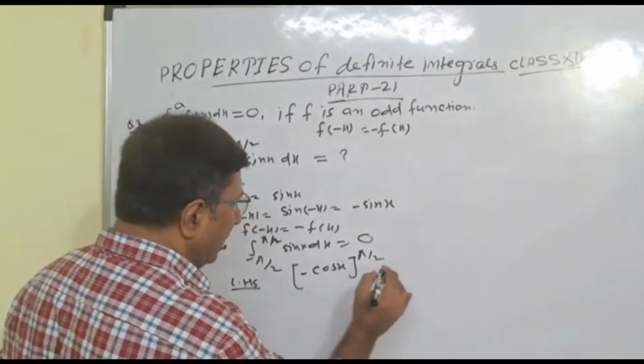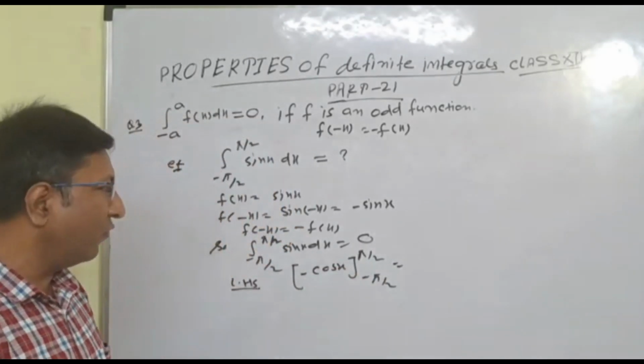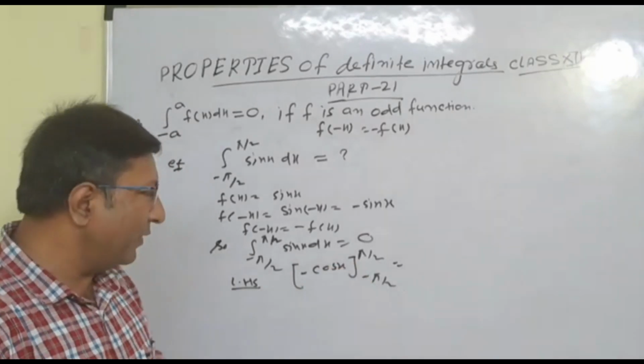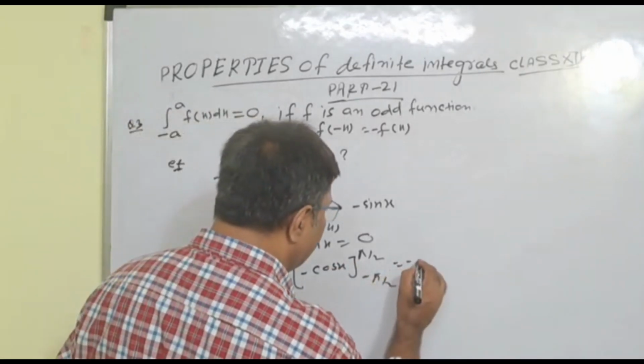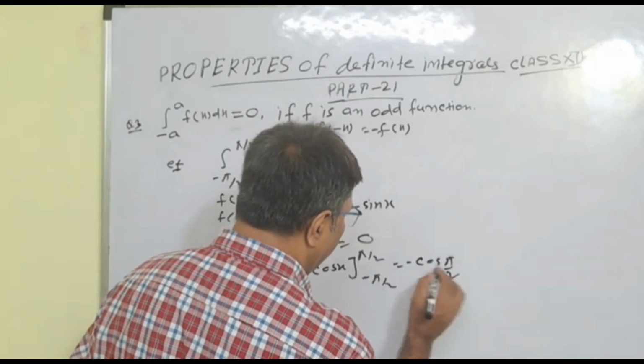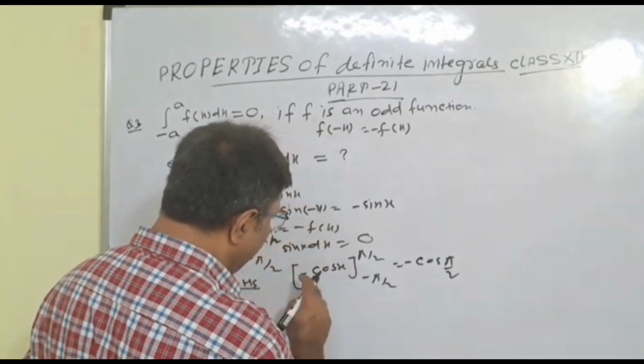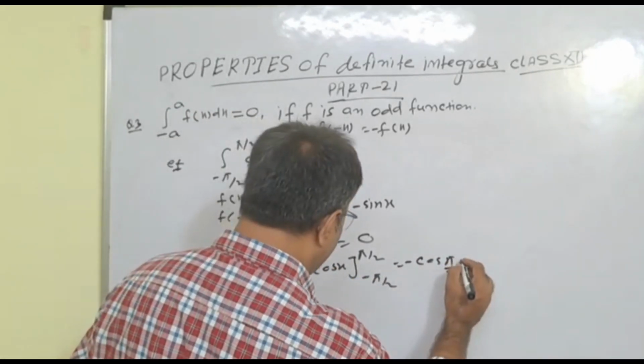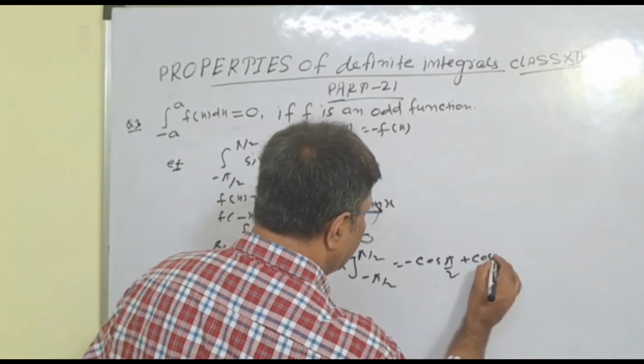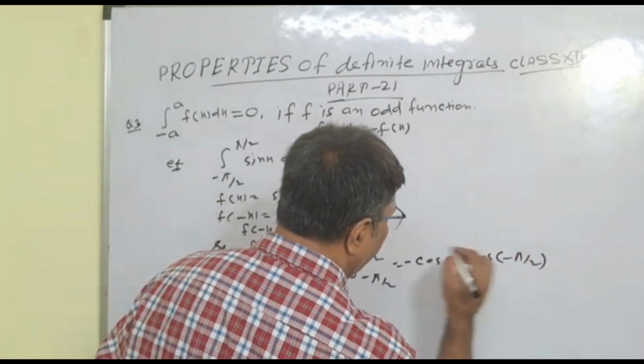So when we put in the values of the upper limit and lower limit, for the upper limit we get minus cos pi by 2. And here minus minus becomes plus, so this is plus cos of minus pi by 2.